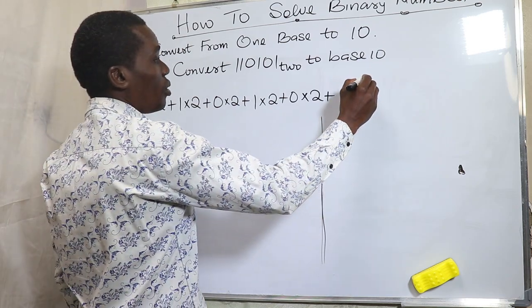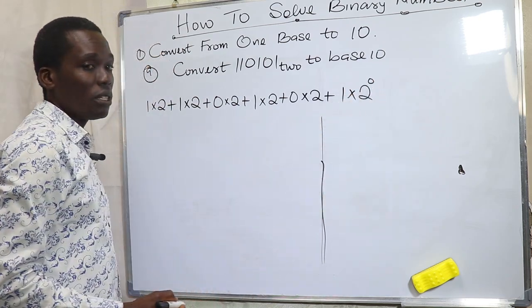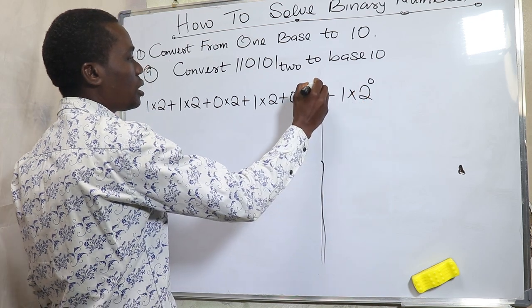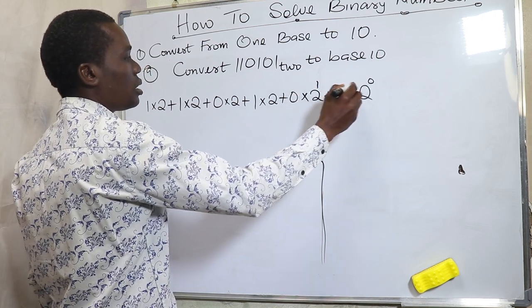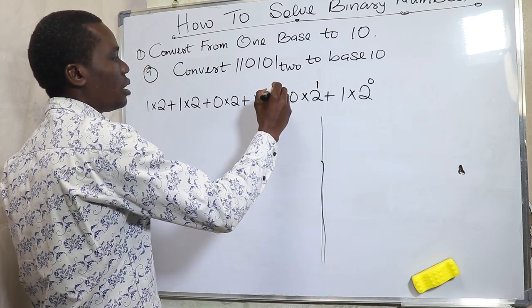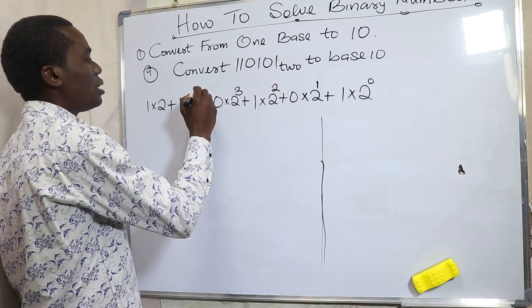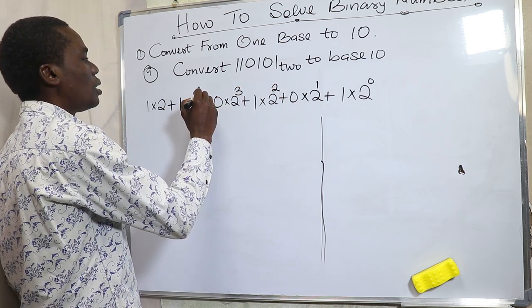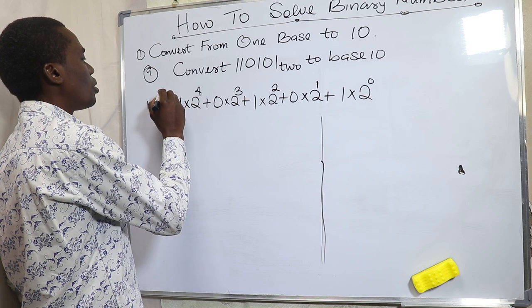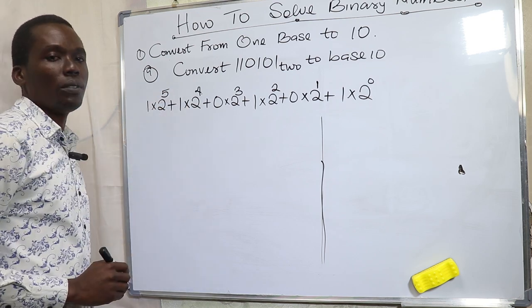Now I'm going to fix all these in their various place values. This one is for the unit, this is tens, this is hundreds, this is thousand, this is tens of thousand, and this is hundreds of thousands.